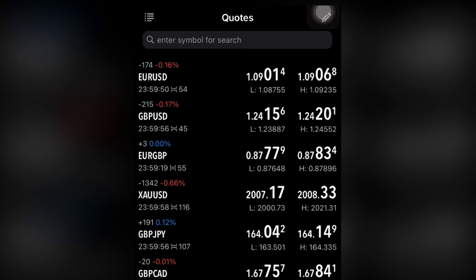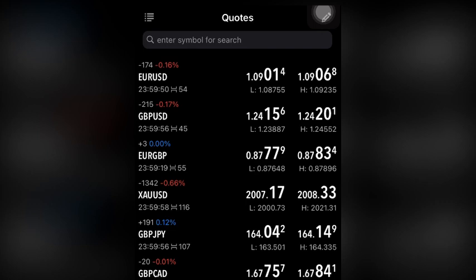Now let's move over to the next concept I talked about in the theory part. If you look at the first number on this Euro USD currency pair, let me call it the left number. The left number there is 1.0901 raised to power 4. Now the right number there is 1.0906 raised to power 8.